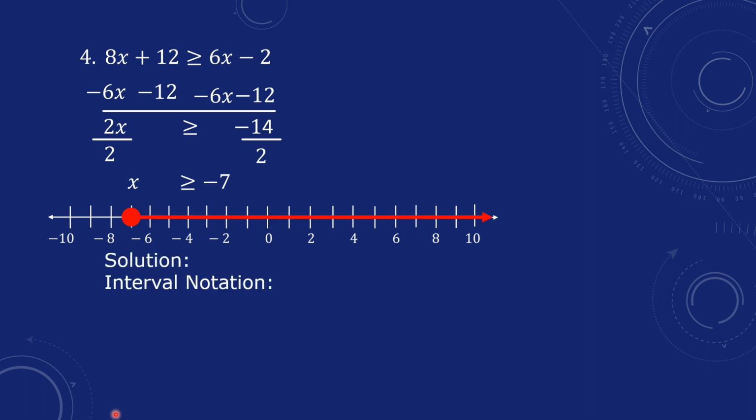The solution in interval notation is bracket, negative 7, comma, positive infinity, parenthesis. This bracket indicates that negative 7 is a value of x. And for positive infinity, we always use a parenthesis.